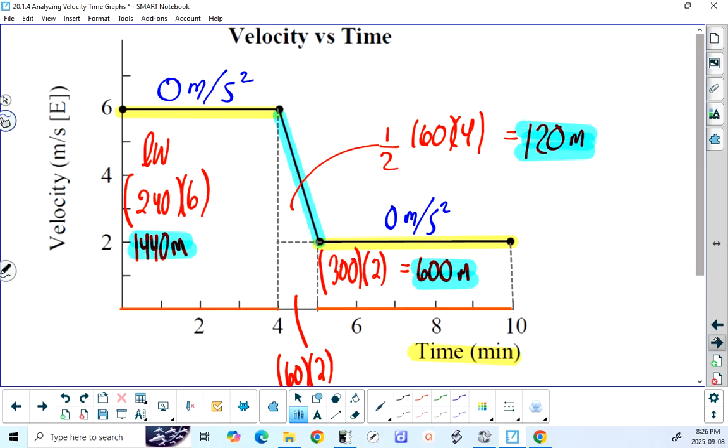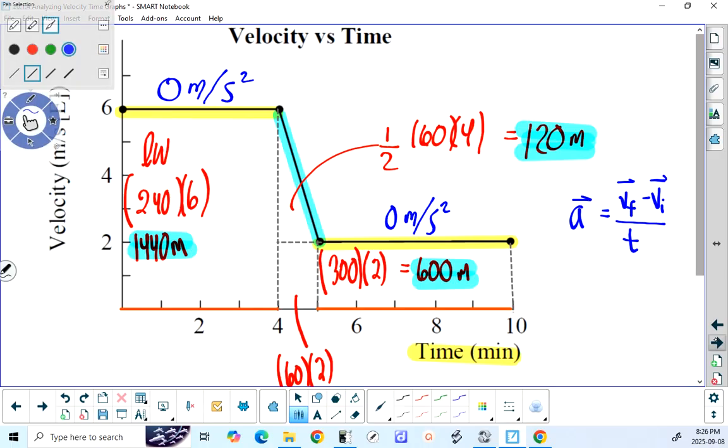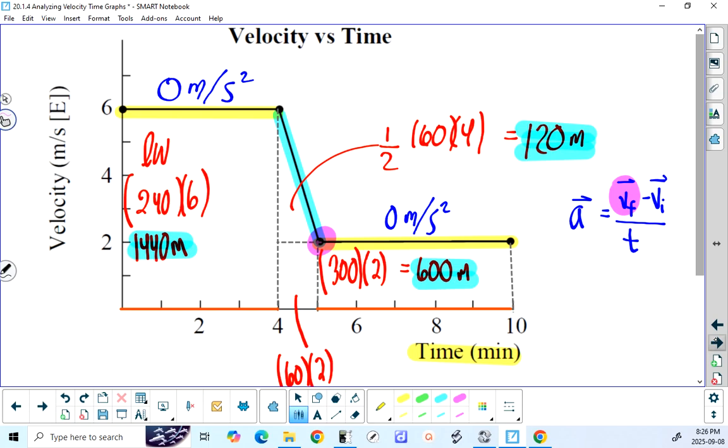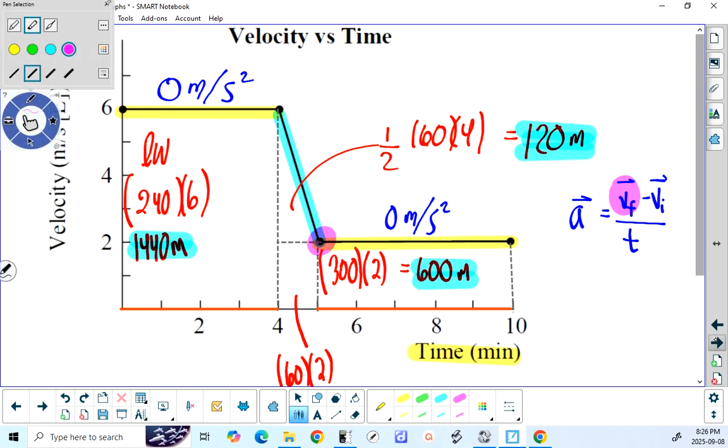For the center section, we can use the formula that we talk about in the other lessons. Acceleration is change in velocity over time, which I prefer to just write VF minus VI over T. So VF refers to, I'll just do a bit of highlighting here for you, VF refers to the final point in time at the end of that middle interval, whereas VI refers to this point.